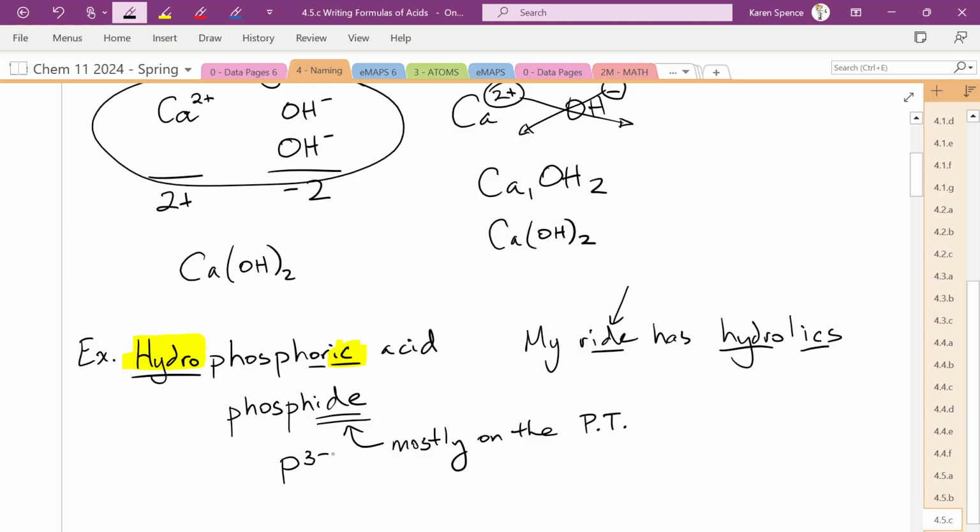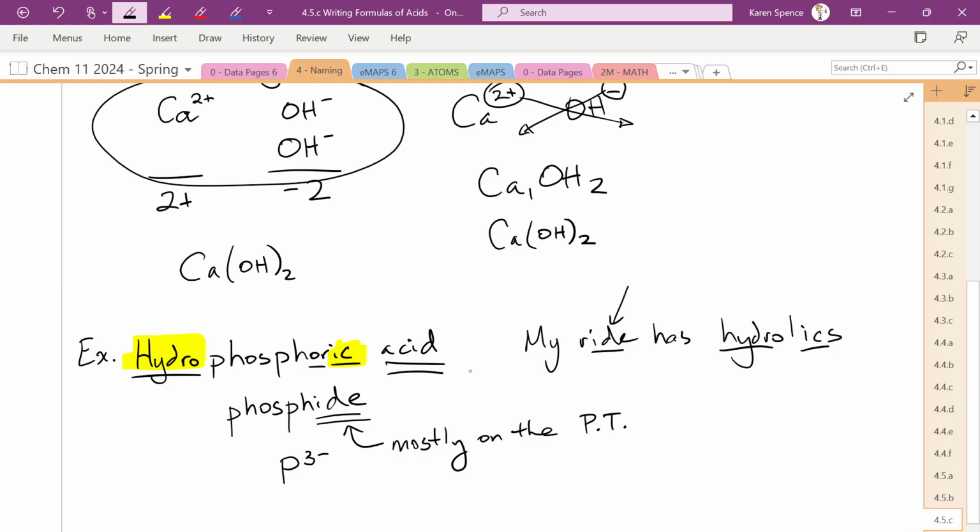Now, in order to write our ionic compound, we had to balance the charges. We had a cation and an anion. Who is the cation in an acid? Always. You don't know? What do all acids have in common?